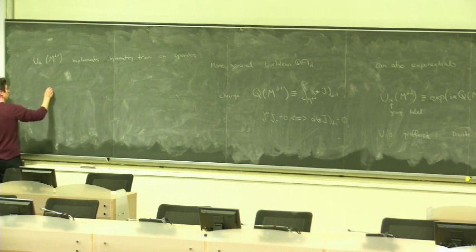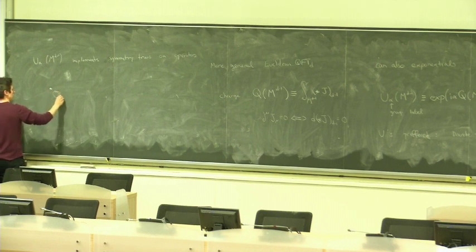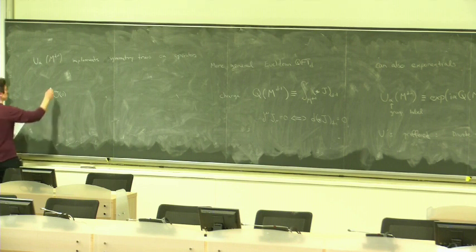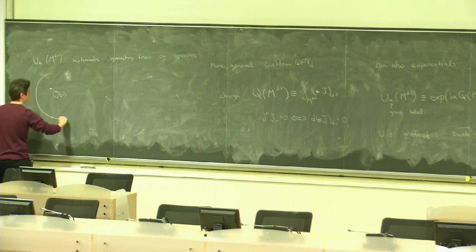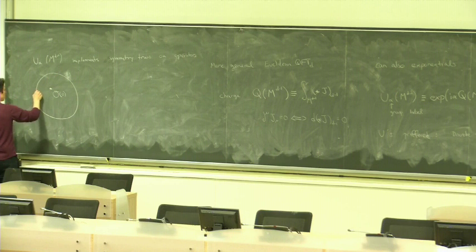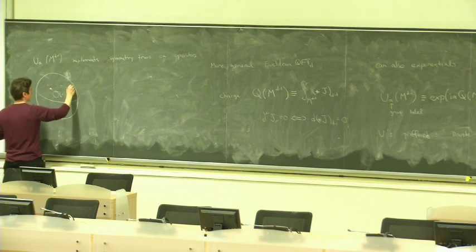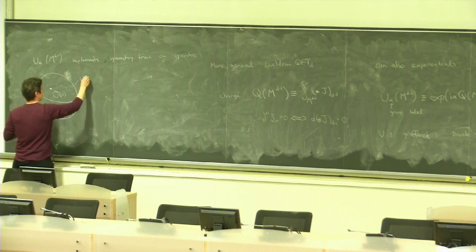So let here be a local operator O. It's at some point. I'll call that point 0. Now I will surround this local operator with a symmetry defect. So this will be U alpha on some D minus 1 sphere.